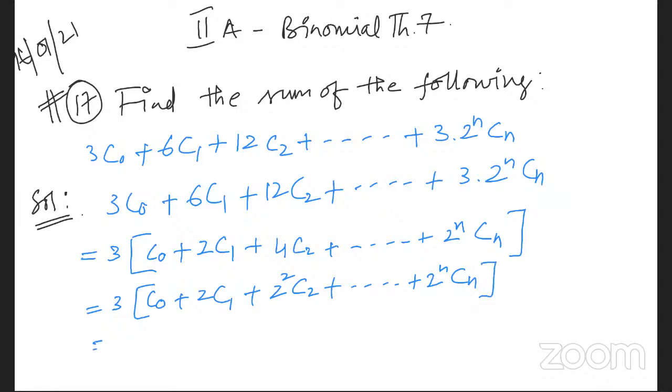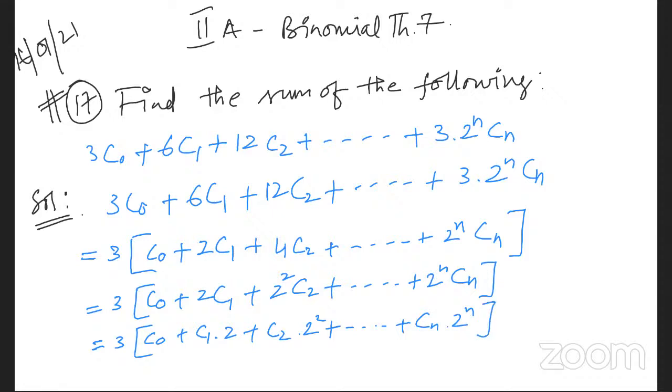So this will be equal to 3 into C0, I'm rewriting this again, C1 into 2 plus C2 into 2 square plus so on plus Cn into 2 to the power of n.